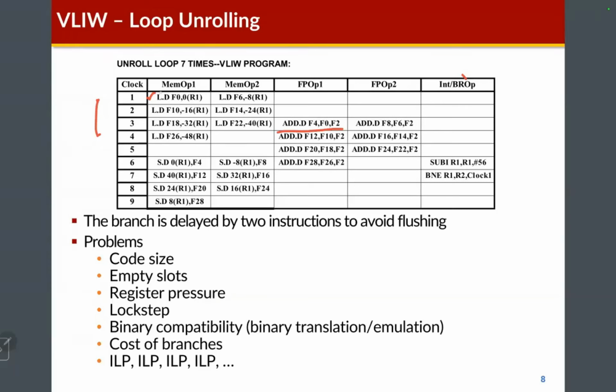So for this first load instruction, after one slot, this add instruction can be executed. And then we have two memory slots here, which means that the add instruction of the second loop can be assigned to the second floating point slot. Okay, so we can assign here, and then after this add instruction, after some delay, the store instruction can be assigned.